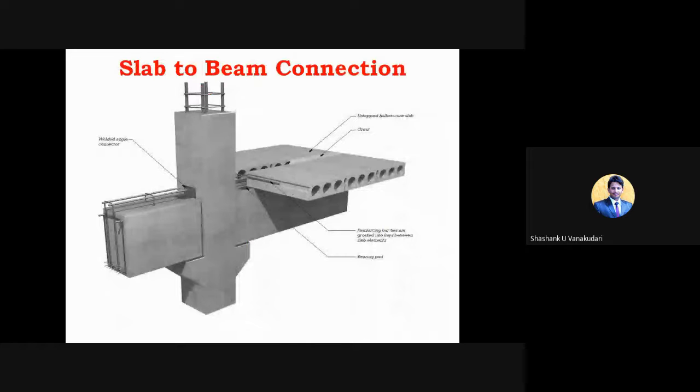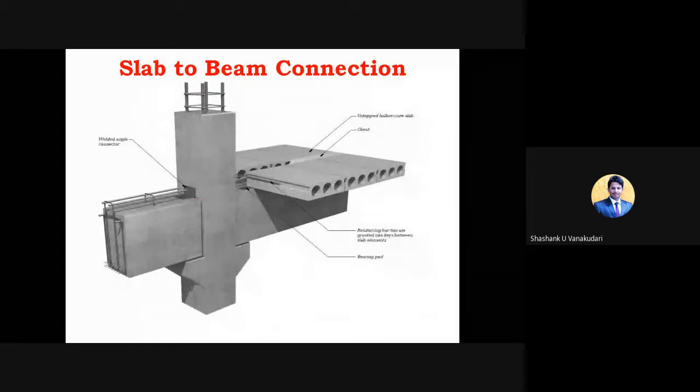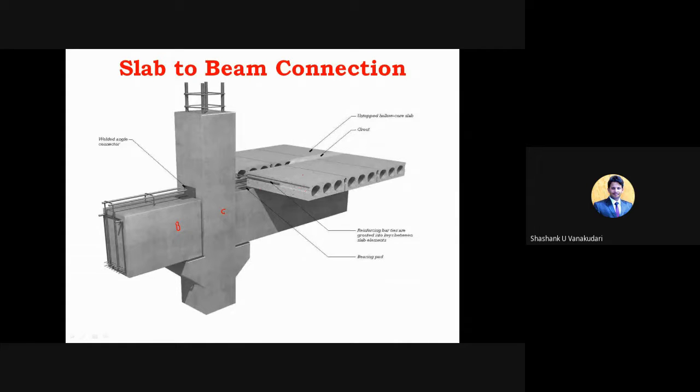And similarly, slab to beam connections. When we have placed the beam to column connections, the next member should join with the slab, and again here we are going to use RC planks.